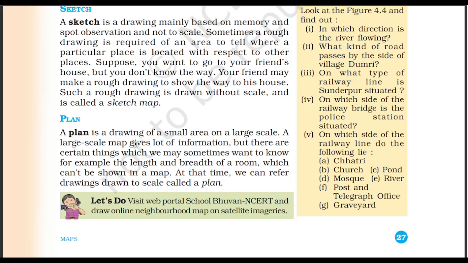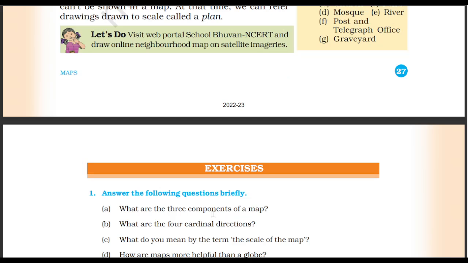A large scale may give a lot of information, but there are certain things we may sometimes want to know, for example the length and width of a room, which cannot be shown in a map. At the same time, we can refer to a drawing drawn to scale, called a plan. Now this is the end of the chapter.